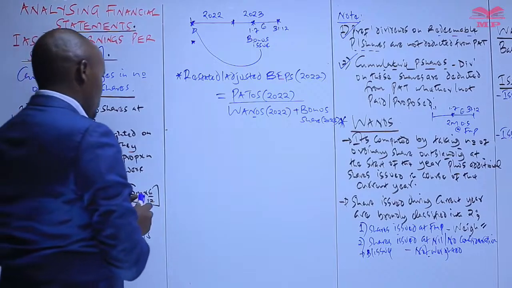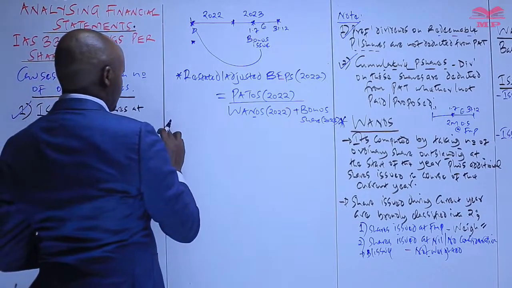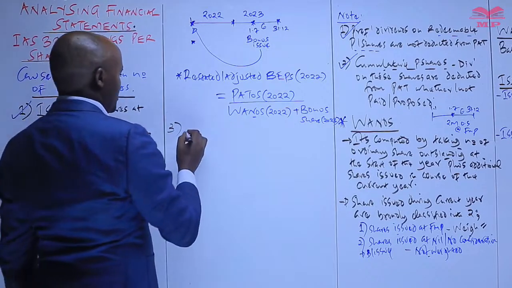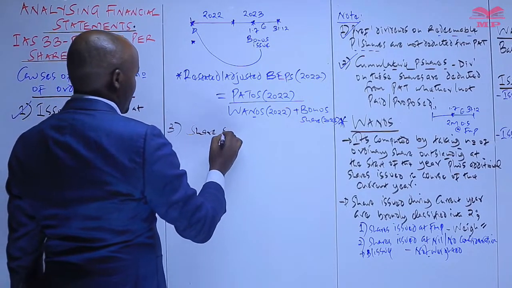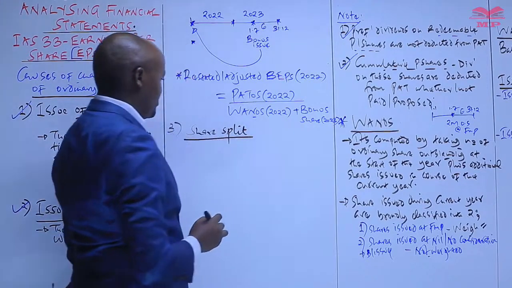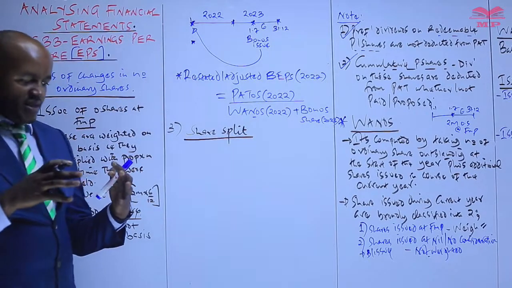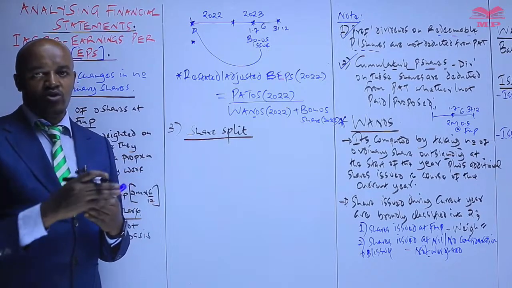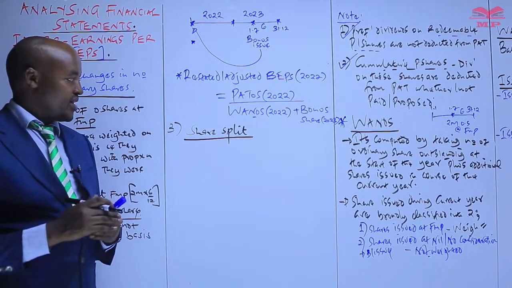The other reason, number three, why the number of shares issued at the start of the year may change is something called a share split. A share split is where the company subdivides one share into 2 or more shares of a lower par value.